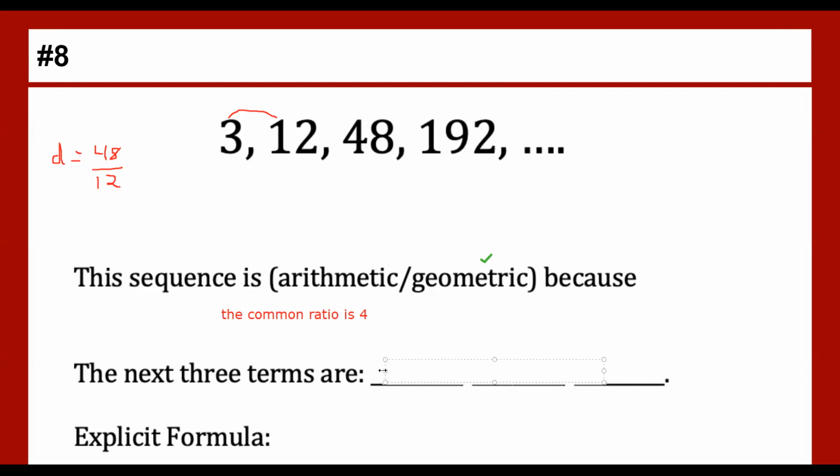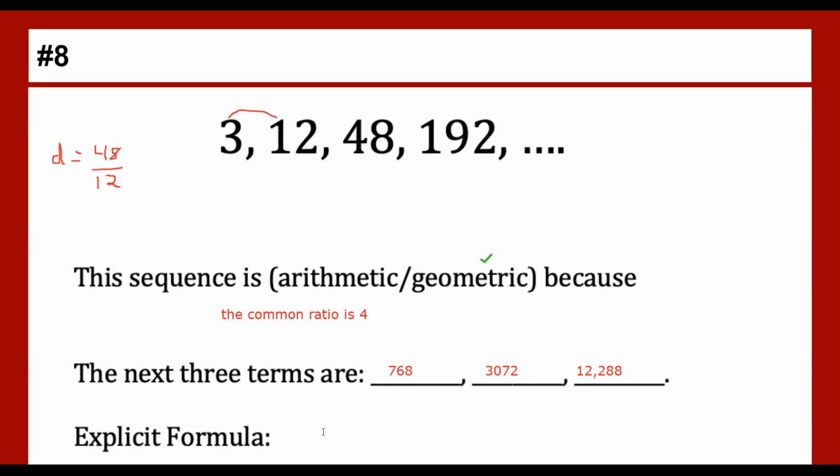Well, grab your calculator. 192 times 4 is 768. 768 times 4 is 3,072. And 3,072 times 4 is 12,288.